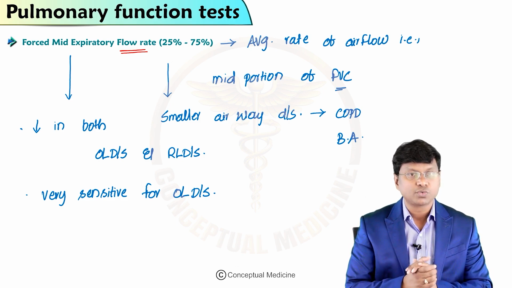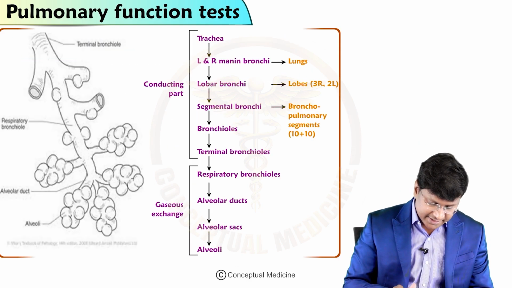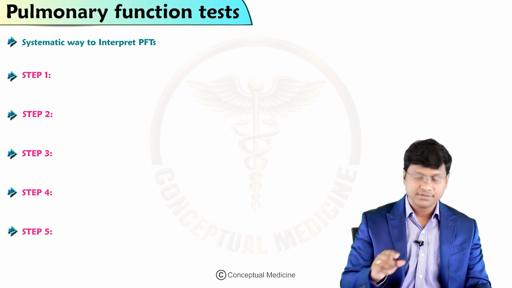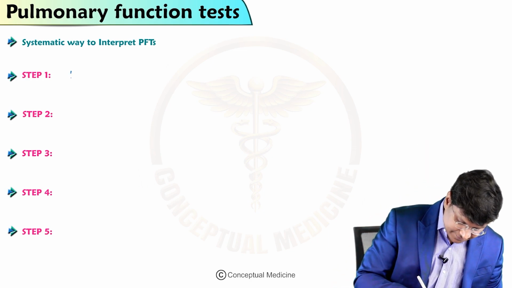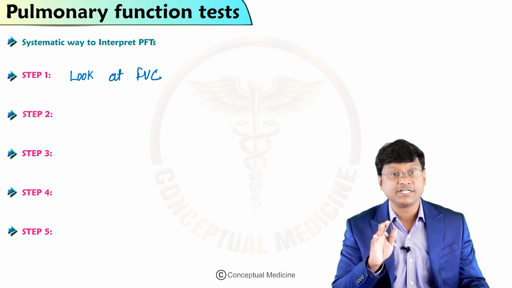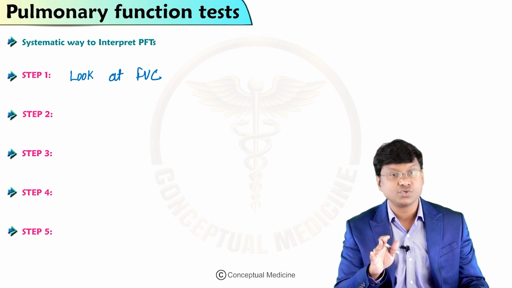Now, let me tell you the systematic way to interpret the pulmonary function test, right? So, step one is that you have to look at FVC. What does FVC stand for? It stands for forced vital capacity, and already I have discussed your FVC.